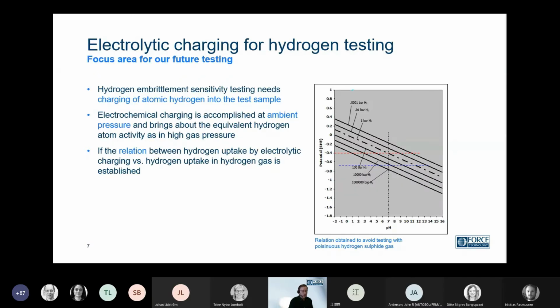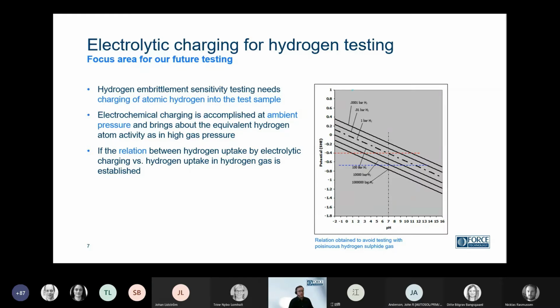Another thing Dida also briefly touched upon is that you can do the charging electrochemically or by gas. What we have previously had success with was looking at how we can use an electrolyte instead of gas to reach the same amount of hydrogen in our material.